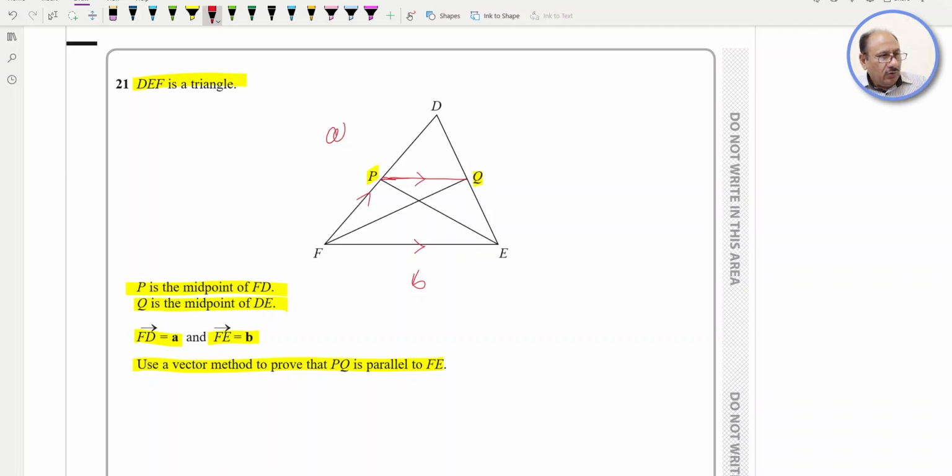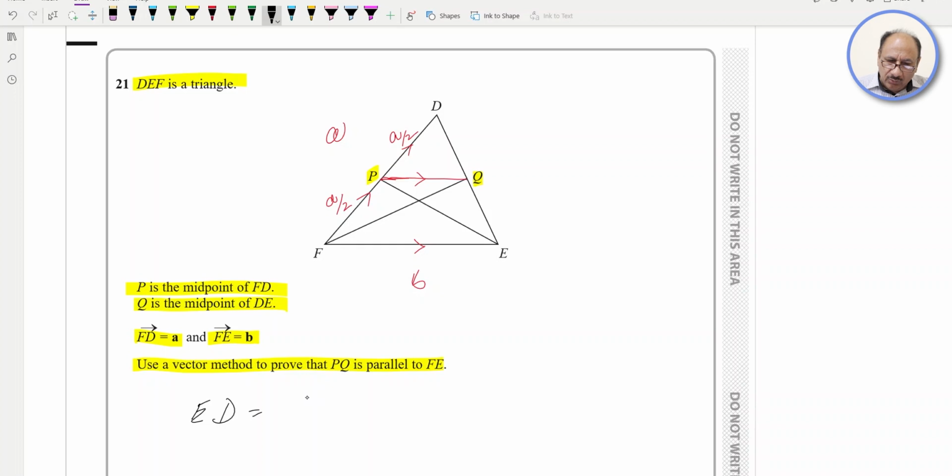So we need to prove that PQ is parallel to FE, and now we can understand PD will be A by 2, and this will be the direction, and this will be also A by 2, and this is B, and DE we can calculate. We can write over here ED. ED is equal to what?